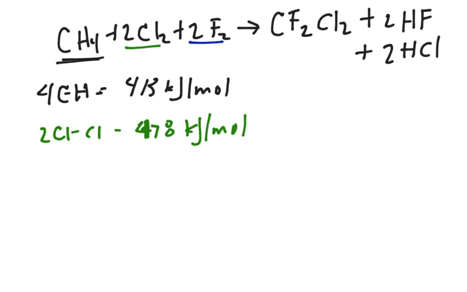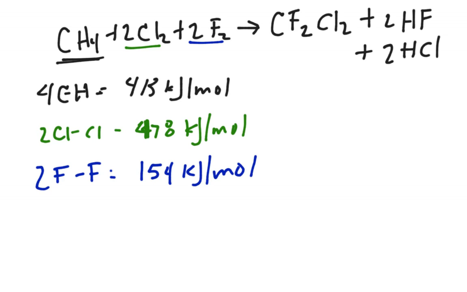And I also have 2 F bonds, which have an energy of 154 kilojoules per mole. And sorry, I got to fix this. I jumped ahead of myself. I did my calculation too quick. This is 239 kilojoules per mole.